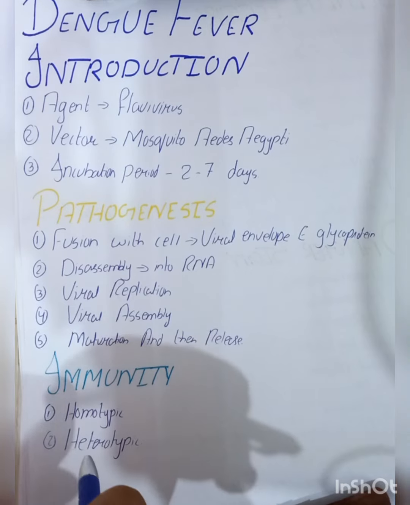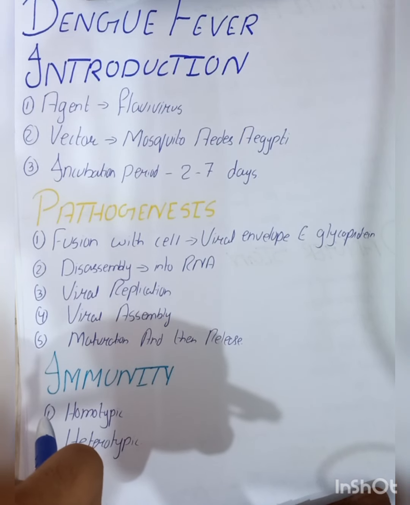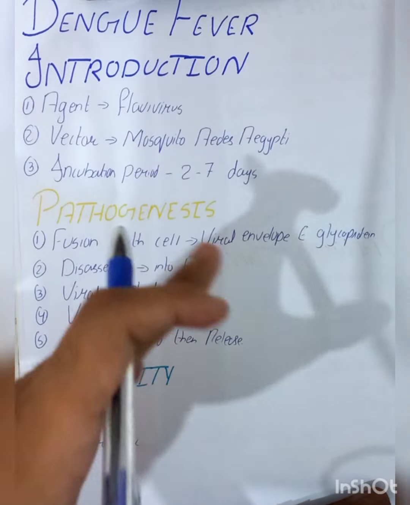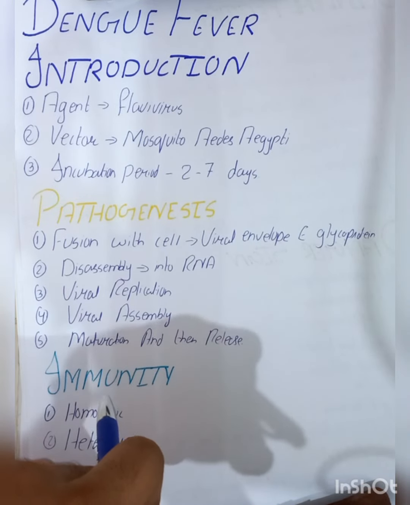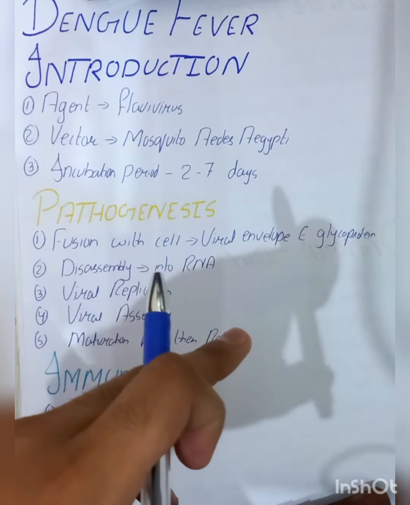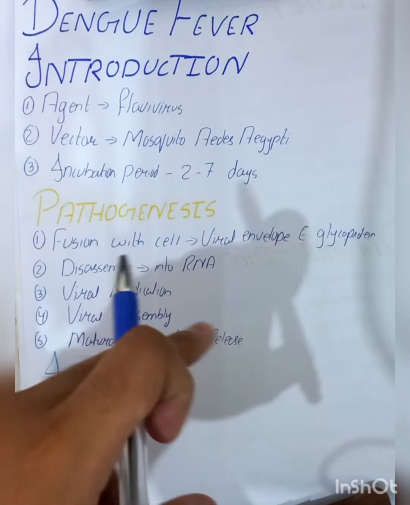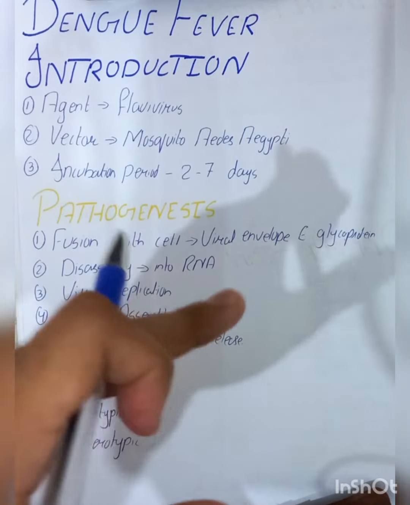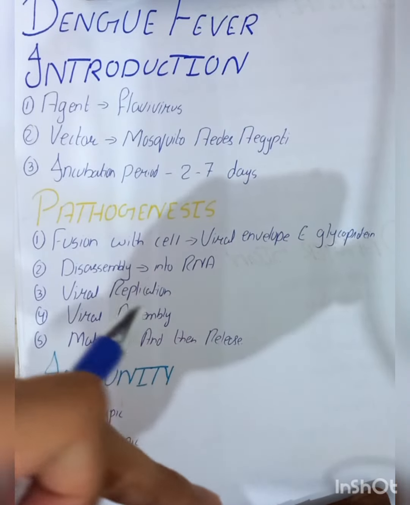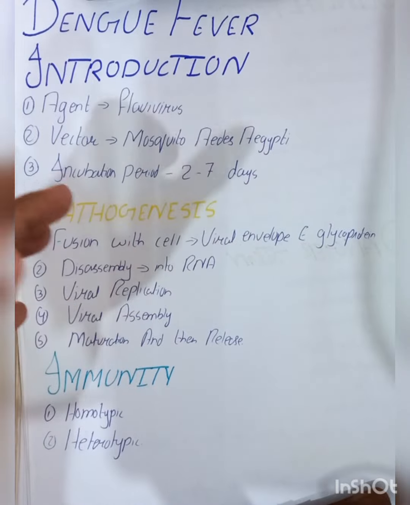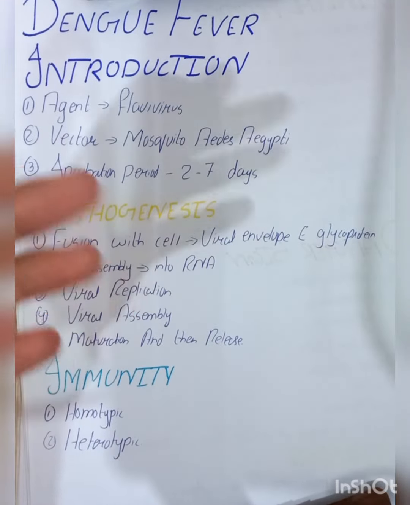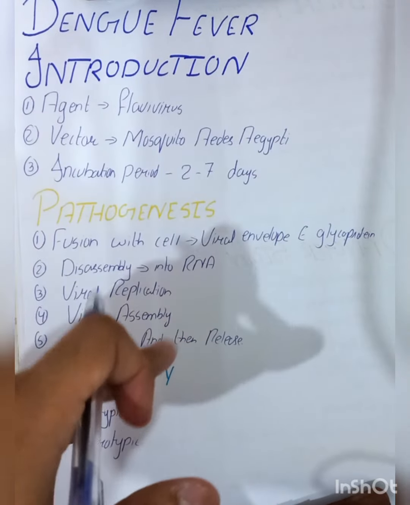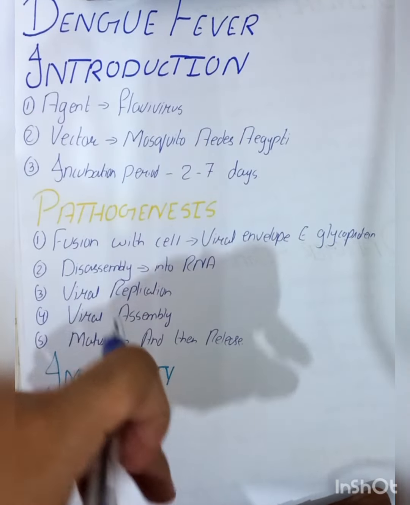What is the pathogenesis of this virus? Whenever the virus enters the cell, it fuses with the cell with the help of the viral envelope E glycoprotein, and when it enters the cell there is a disassembly into the RNA. As you know, the virus has an envelope, capsid, and nucleus, so all of these disassemble, and the RNA, which is the most important thing within the virus, will replicate.